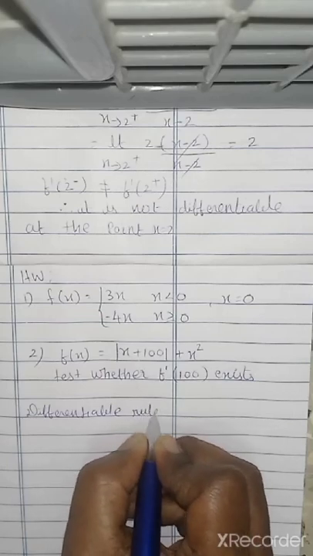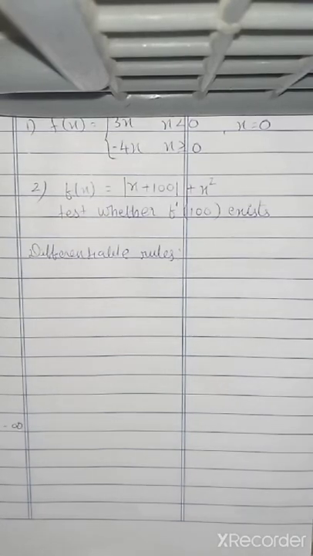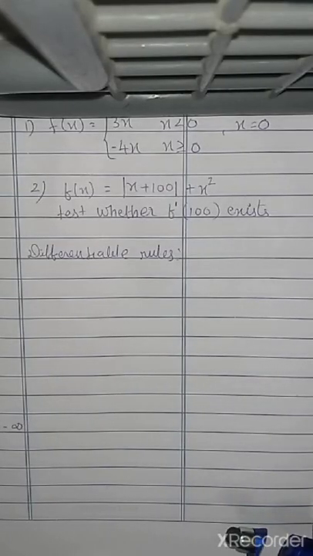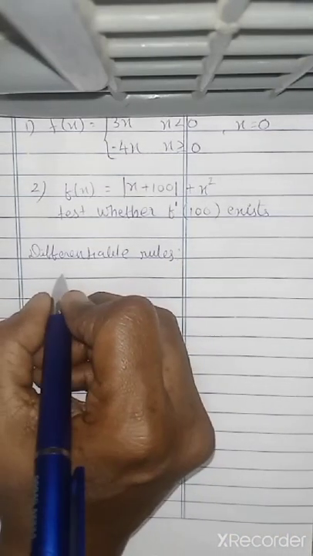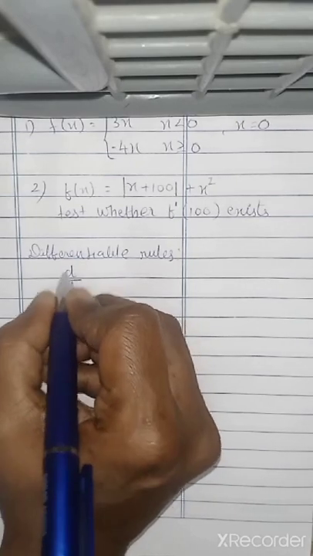Differentiation rules are very important for your higher secondary and for your college also. This plays an important role in your higher education. In differentiation rules, your first one is d by dx, where d means differentiation.